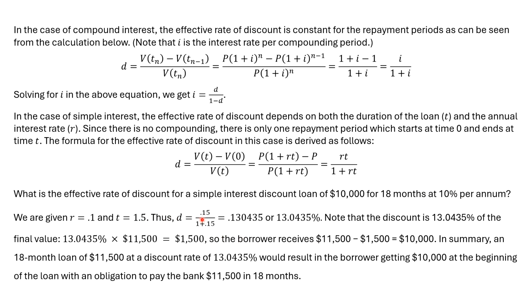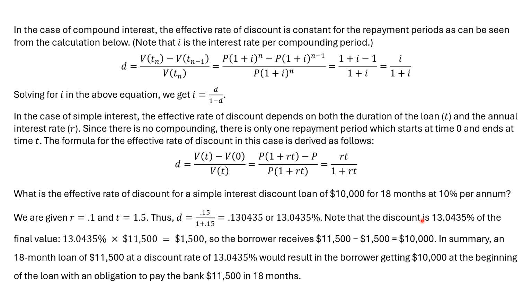And then the discount, we can use this formula here. So R times T, so 0.1 times 1.5, that's 0.15. Then on the bottom you just have 1 plus 0.15, so you get 13.0435. That's our effective rate of discount for this particular example.